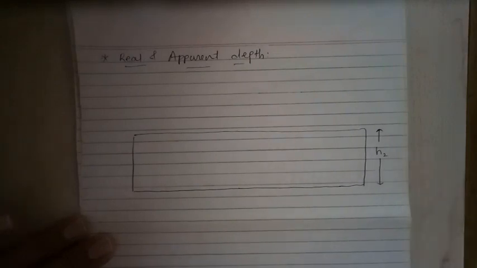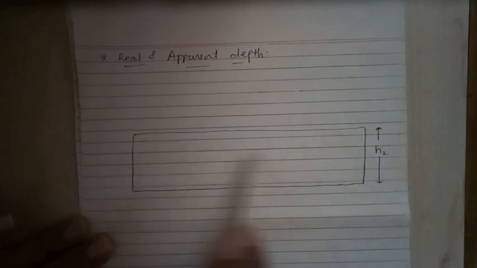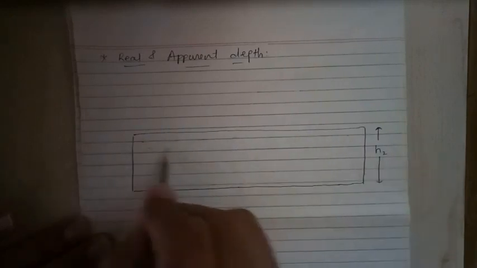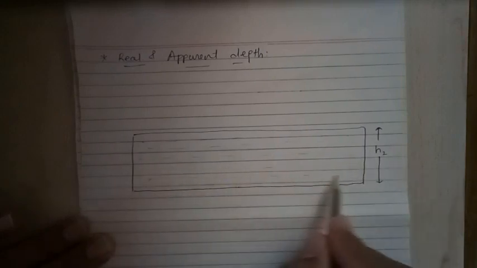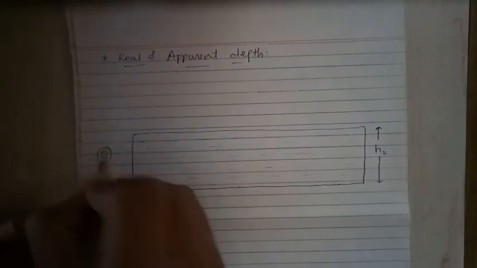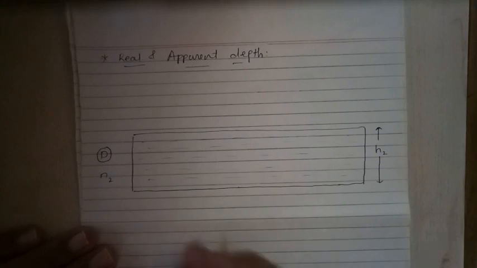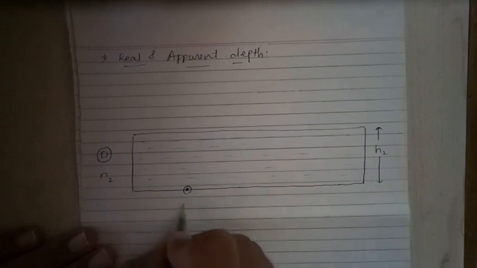And this is a denser medium because this is water, right? So here I denoted water by D. This is a denser medium having refractive index N2, right? Here this is the bottom of the tank or swimming pool. Here consider this point O.